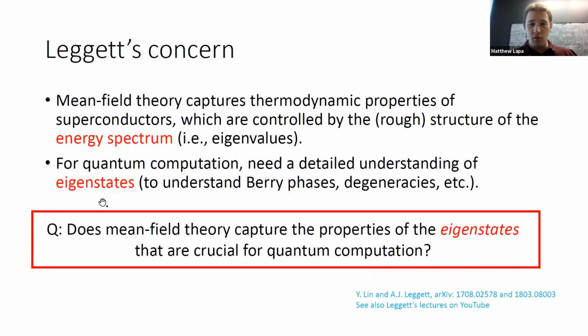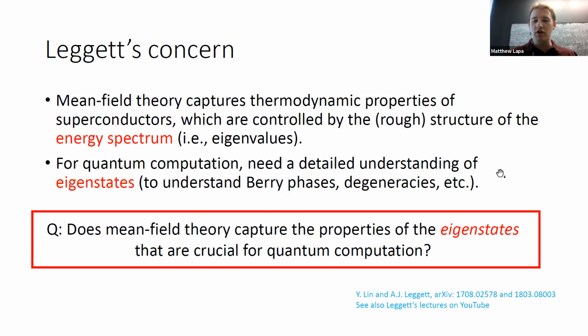So let me explain in more detail what Leggett's concern is. We know that the mean field approach can describe thermodynamic properties of superconductors pretty well, but these are controlled by the energy spectrum or the eigenvalues of the Hamiltonian. That's because you use the eigenvalues to compute the partition function, and then you use the partition function to compute thermodynamic quantities.